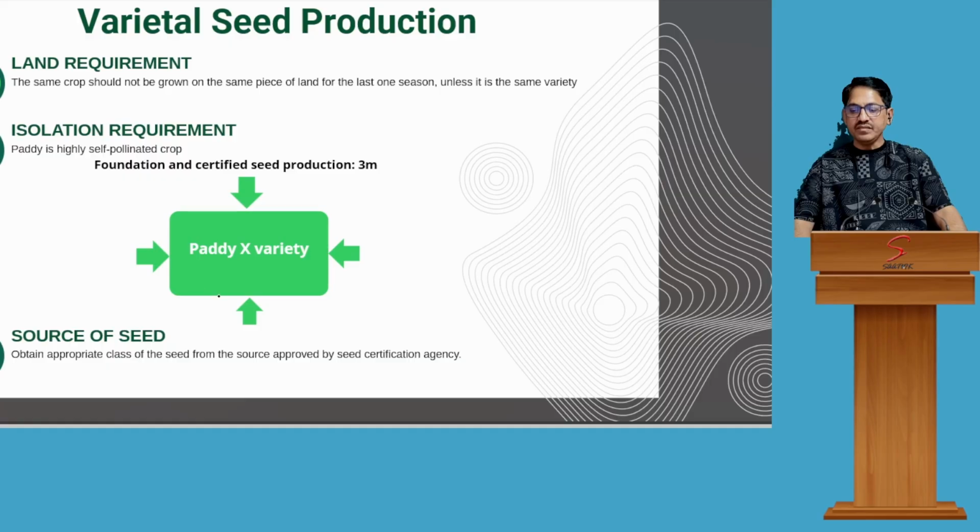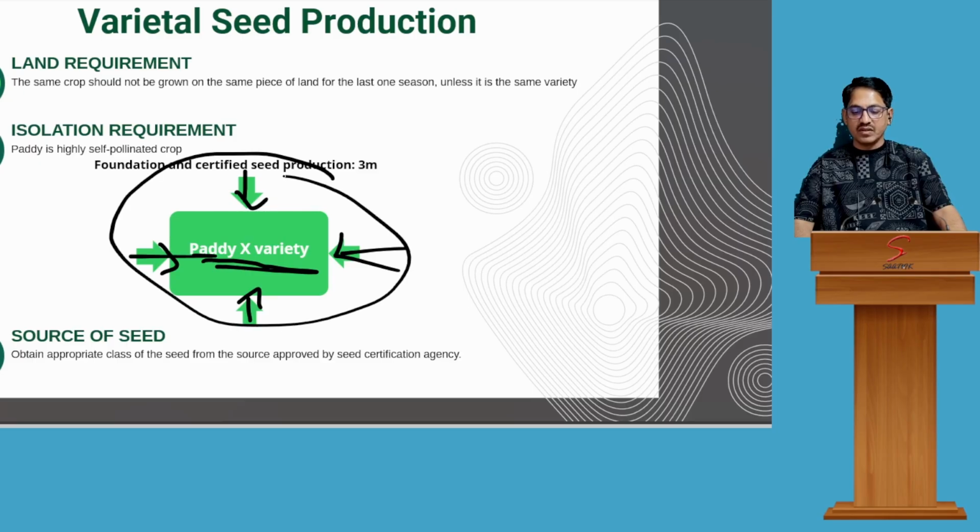friends, isolation distance means what? Suppose this is the paddy field where we have grown X variety. But that X variety must be isolated from other varieties of rice. If a crop other than rice is grown outside this plot, we should not bother about the isolation distance.